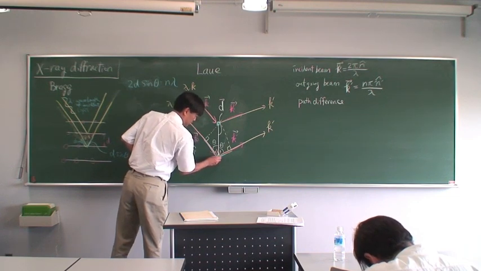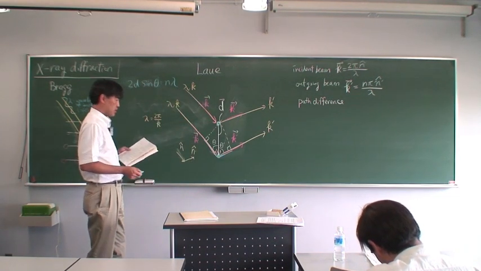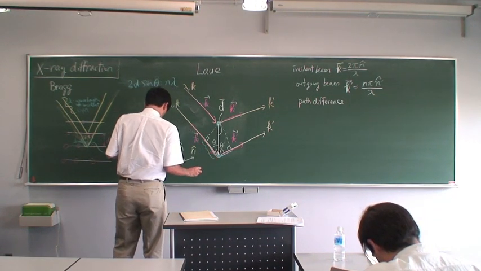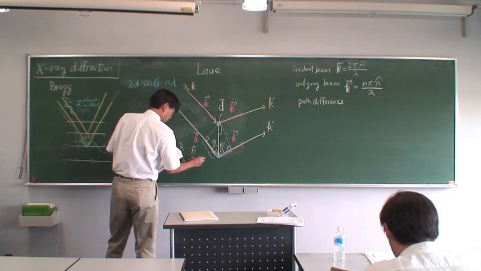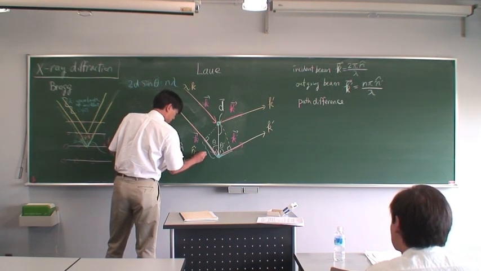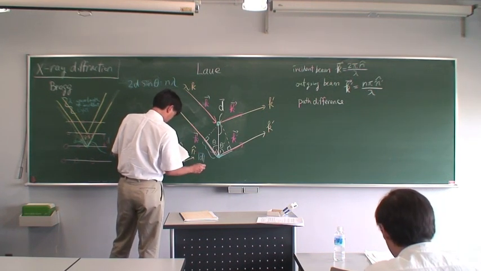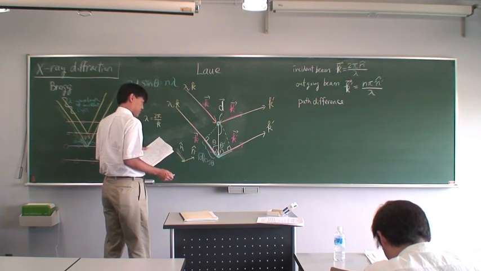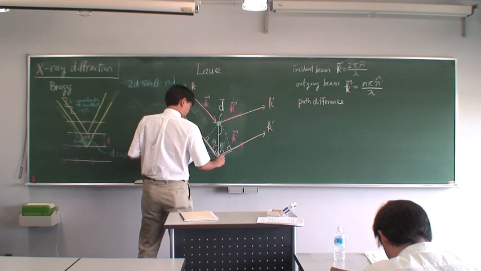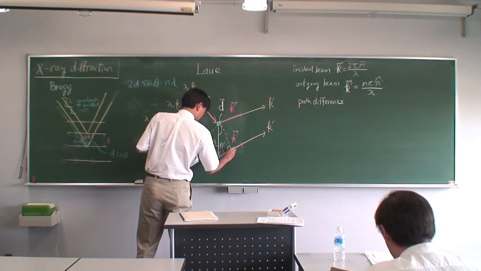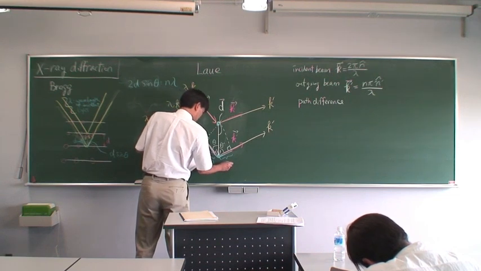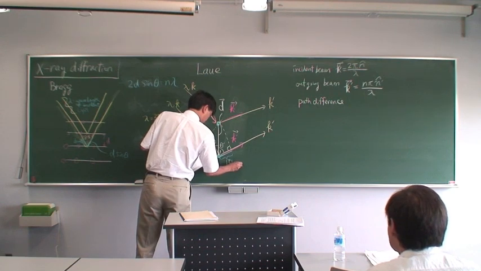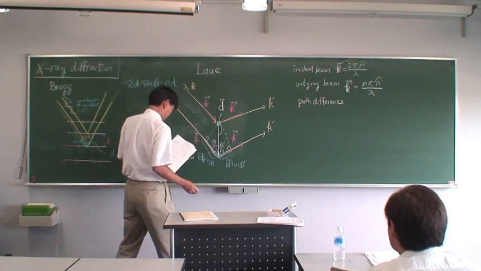Path difference is this part. So this part is d prime length cosine theta, and this part here is d length cosine theta prime.